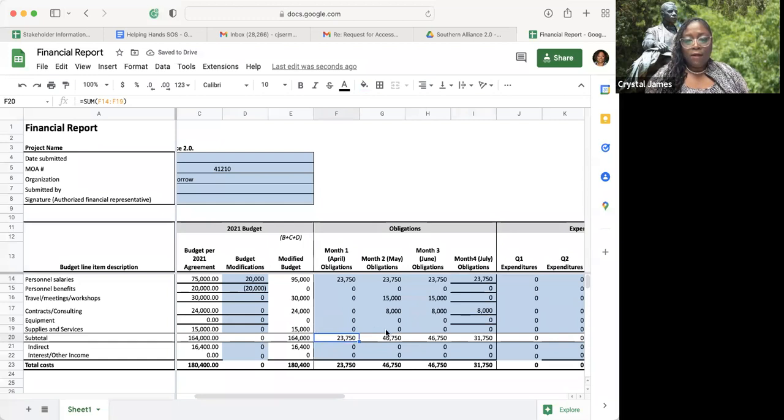Okay. And then finally in your supplies, you probably want to go ahead and spread that over the 4-month period. And again, this is based upon how you actually plan to use it.